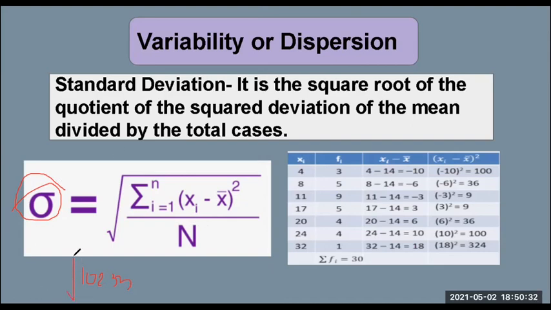The square root will be 10.1. So this is our standard deviation, just the square root of the variance that we had a while ago.